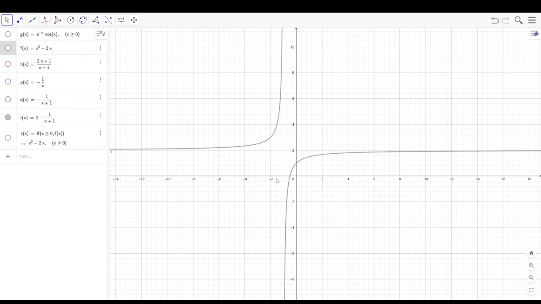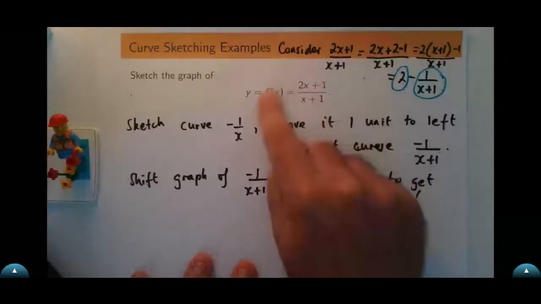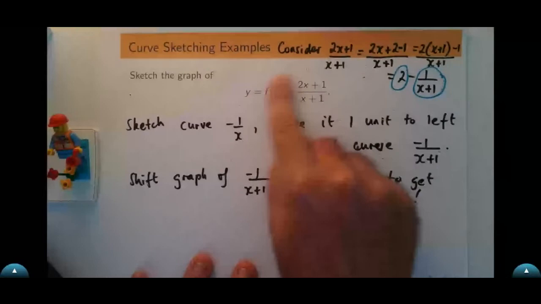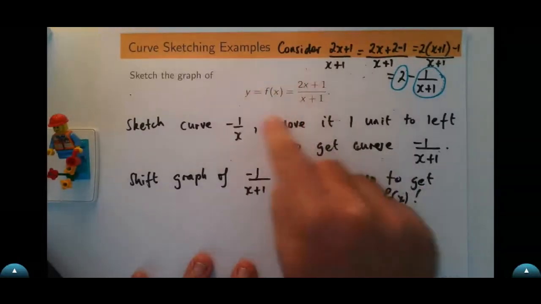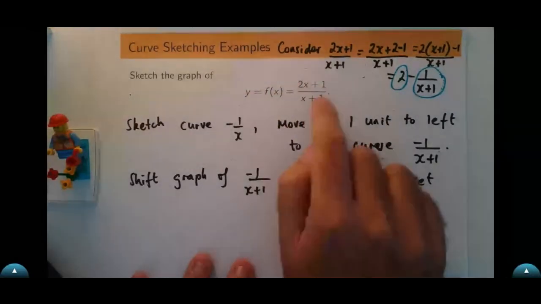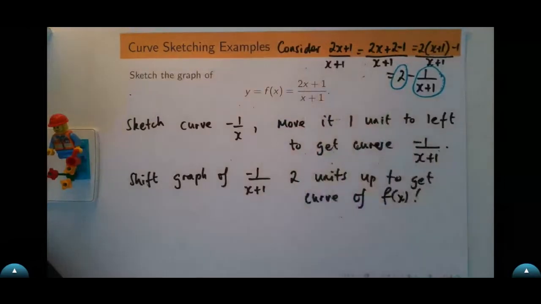You can definitely see that x equals -1 is a vertical asymptote, and y equals 2 is a horizontal asymptote. And I bet if you did calculus on the original function, it's not clear that y equals 2 is a horizontal asymptote. It's not clear. Okay, you've got to take the limits, of course, but it's not clear.